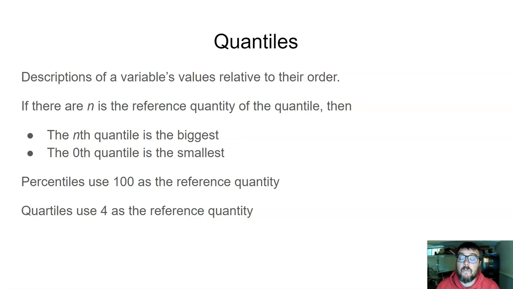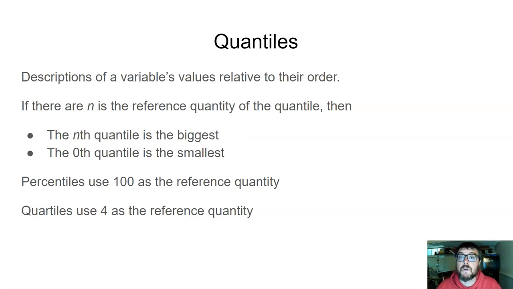If we use 100 as the reference quantity, then the 100th percentile is the biggest and the 0th percentile is the smallest, and so we use the word percentile instead of quantile. If we talk about 4 divisions, the lowest value, the value that's bigger than 1/4 of the data, the next value bigger than half the data, the next bigger than 3/4 of the data, and the final one bigger than all of them, by dividing up the data like that, we call them quartiles.